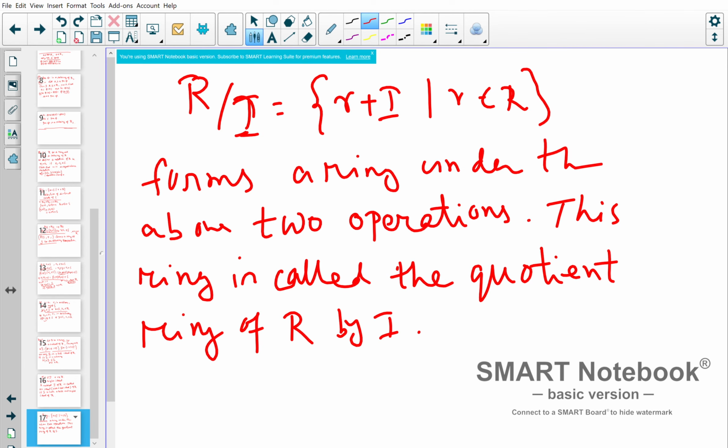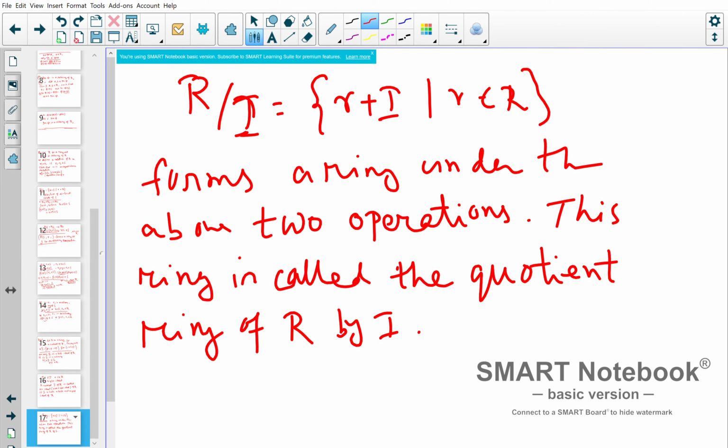But what about the converse? Converse means if it is an ideal, then are those maps well defined or not? You check it. It's simple, not a difficult property. You can easily check it. The ideal property tells you that the map is also well defined, right? So that you can check.